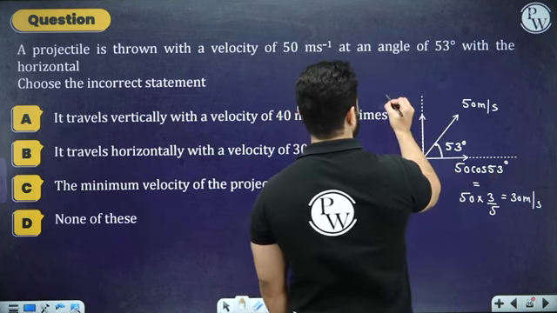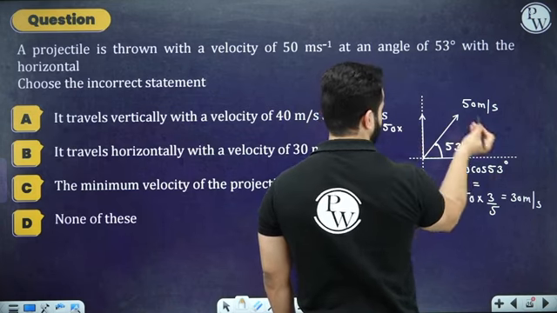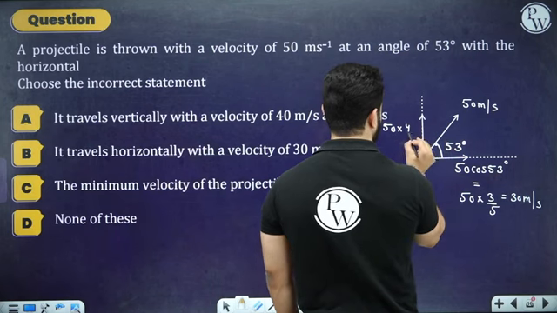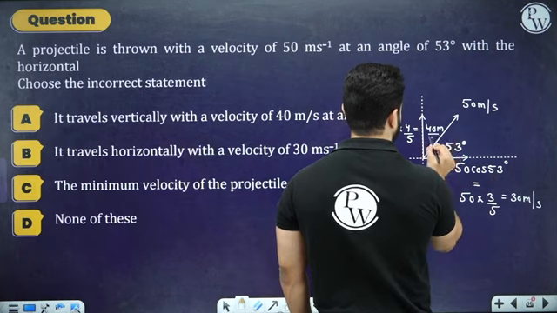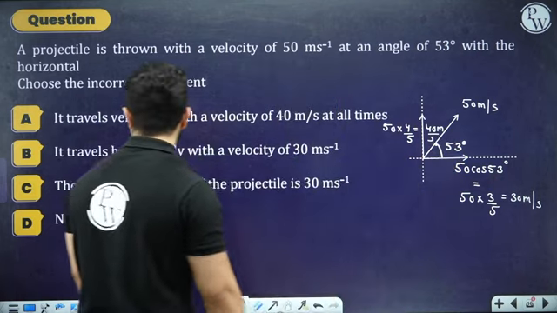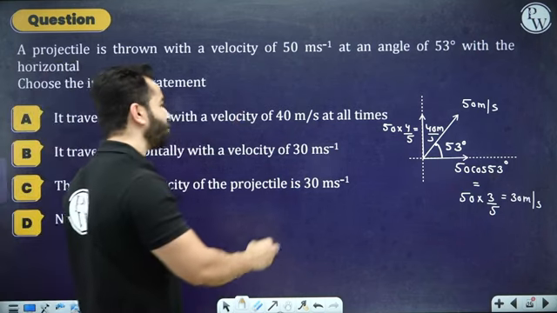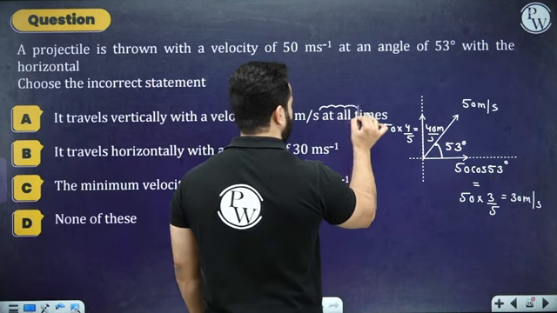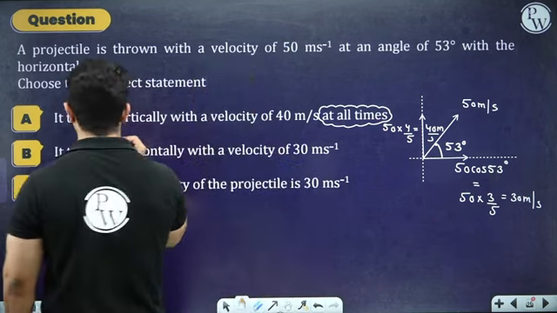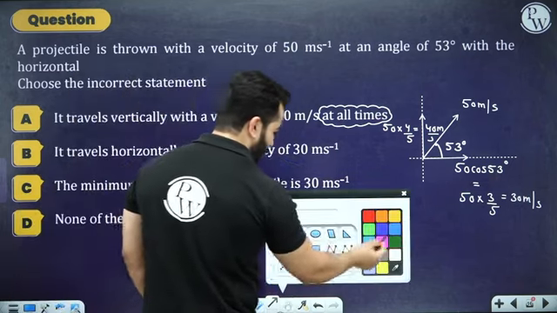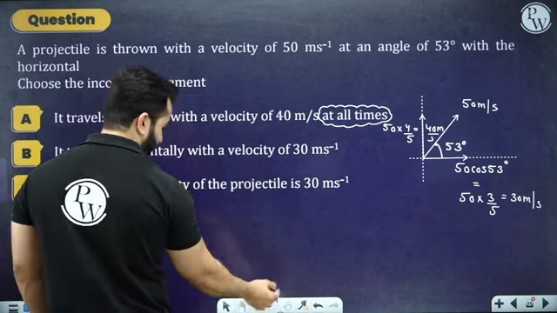Uy would be actually 50 sine 53, which is 4 by 5, which is going to be 40 meter per second, right? Now let's see, it travels vertically with a velocity of 40 meter per second at all times. Sometimes they also don't write this at all times, right? And you have to find out the incorrect statement. This is very important that you have to find out the incorrect statement.